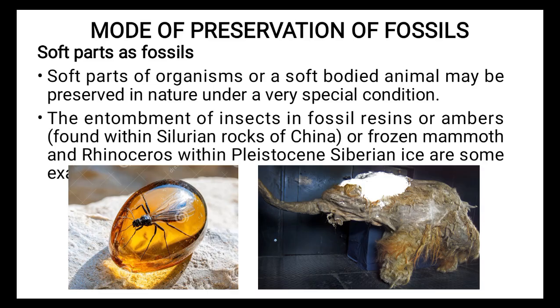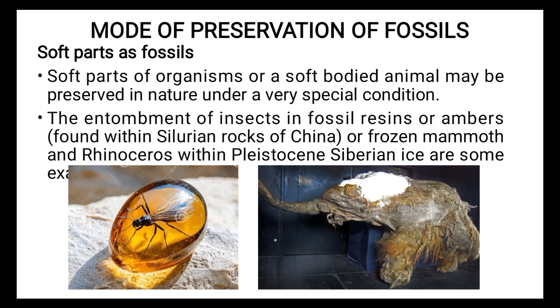What is the mode of preservation? As I have told, soft parts are very rarely preserved. So in which conditions do we get soft parts? Entombment of insects in fossil resins or amber. Suppose an insect gets trapped in amber. Amber means resin that comes out from a tree.